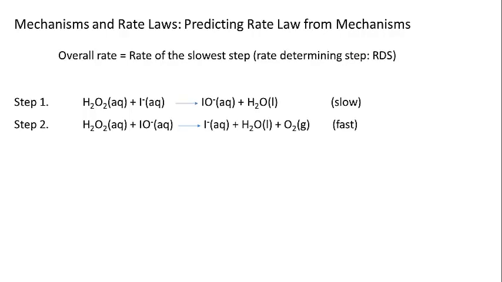Now, what happens is the overall rate is equal to the rate of the slowest step. So if we have a mechanism, what we do is we propose a mechanism. So I bet this is how the reaction happens, and then we make an estimated guess about which of the steps will be slowest.